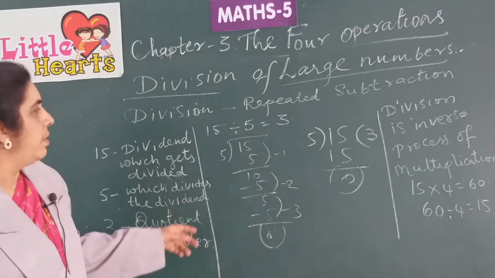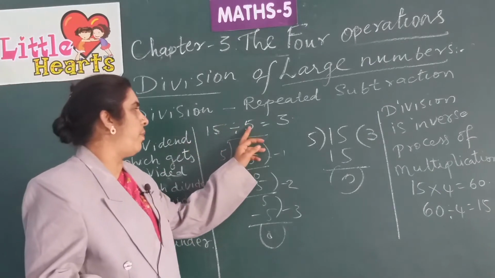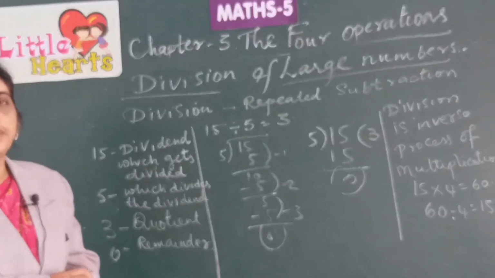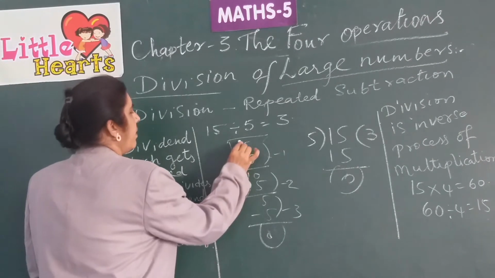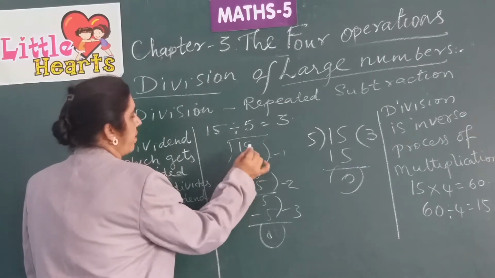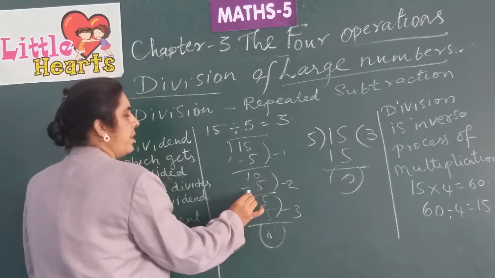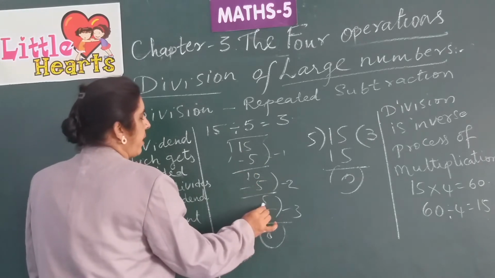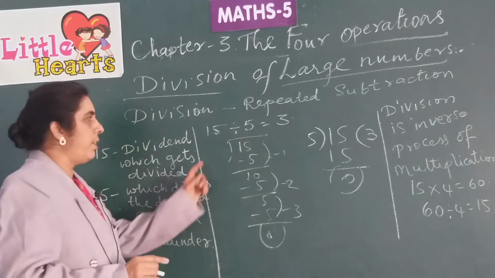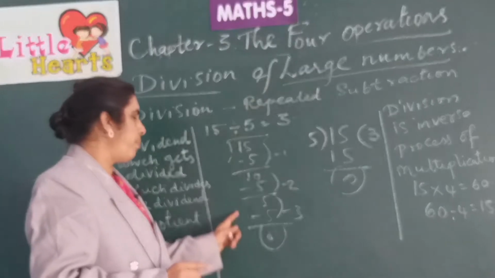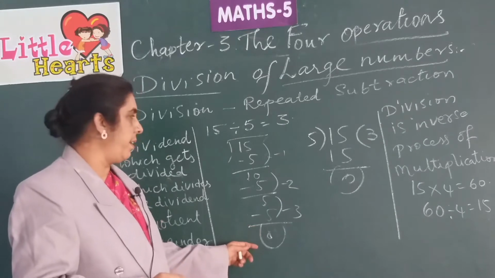So here, 15 divided by 5. How is it repeated subtraction? We shall see. 15 minus 5 becomes 10. Minus 5 becomes 5. 5 minus 5 is 0. Until we get 0, we keep on subtracting.